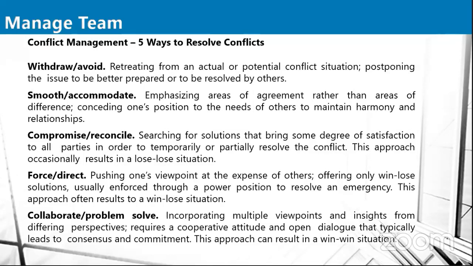You say, okay, we have disagreement, but let's emphasize the areas of agreement, without solving the conflict. It considers one's position relative to the needs of others to maintain harmony and relationship. Some project managers may employ this method.